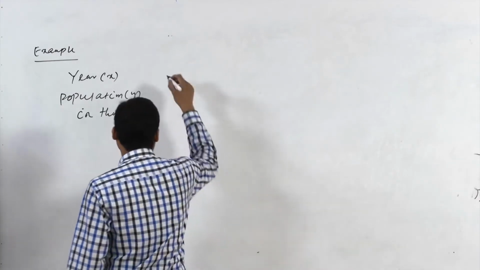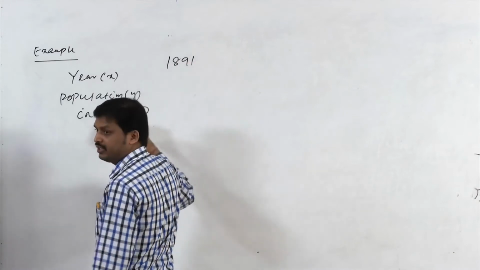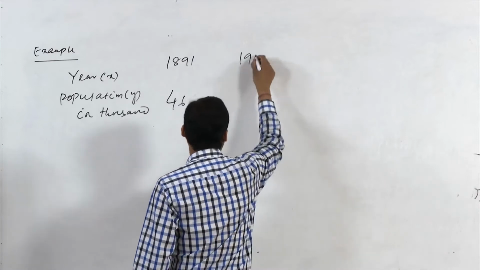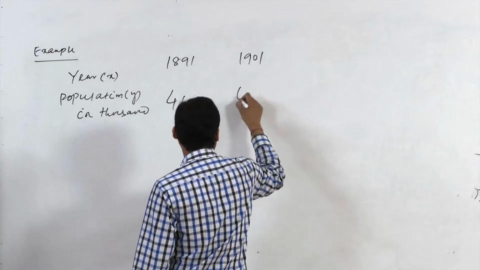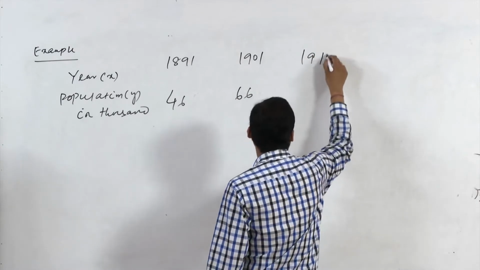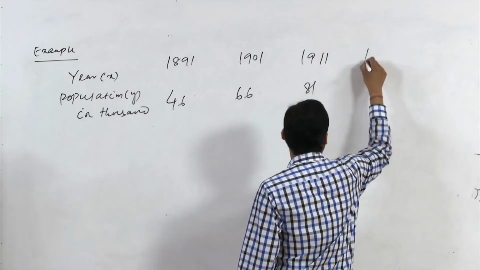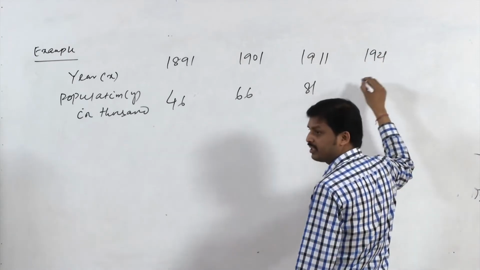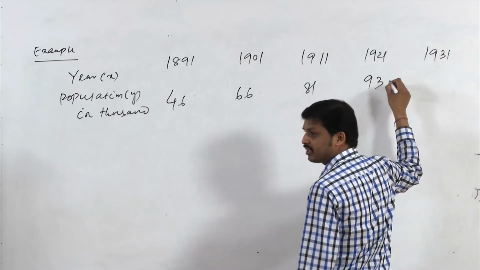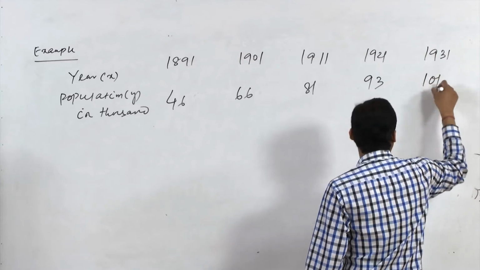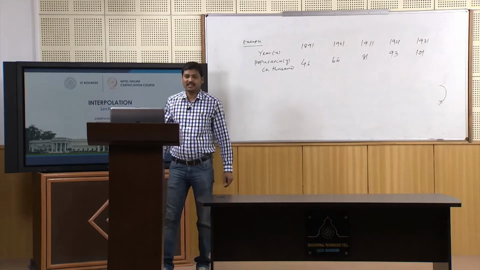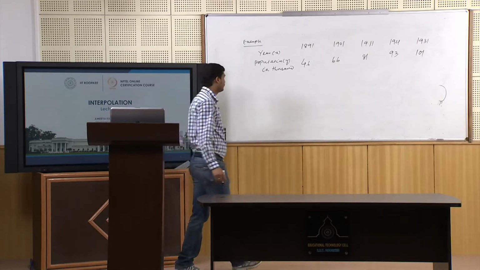Suppose in 1891 the population size is 46,000, in 1901 it is 66,000, in 1911 it is 81,000, in 1921 it is 93,000, and in 1931 it is 101,000. It is asked to find the population size for the year 1895.